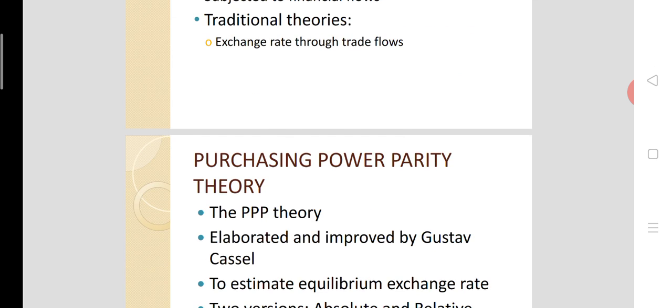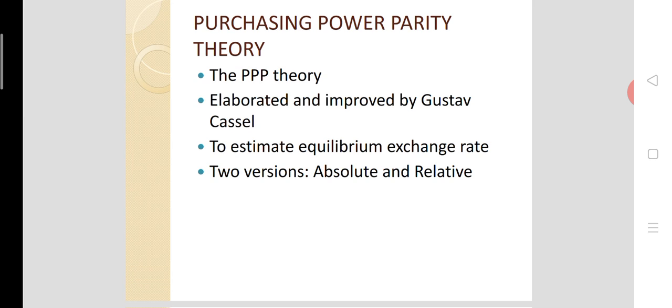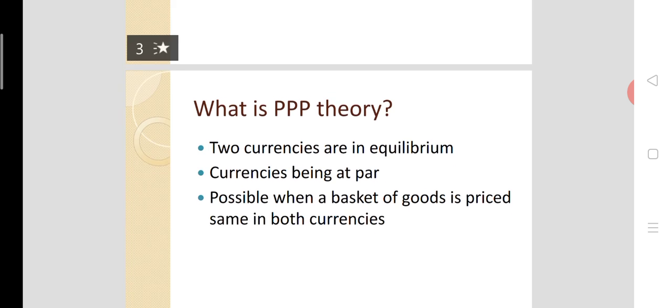The purchasing power parity theory, shortly called the PPP theory, was elaborated and improved by Gustav Cassel. This is to estimate the equilibrium rate of exchange, and it has two versions, as I already said: absolute version and relative version of the purchasing power parity theory.